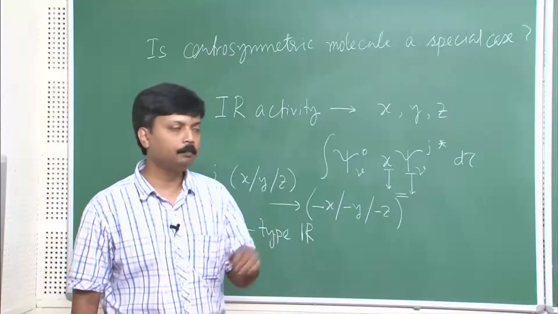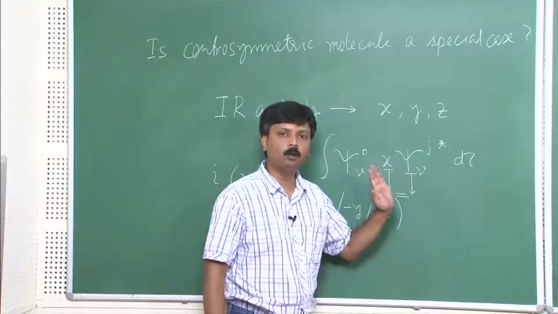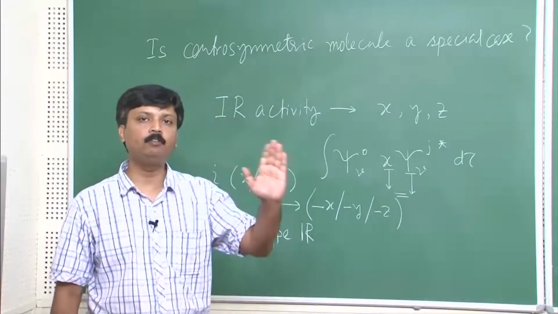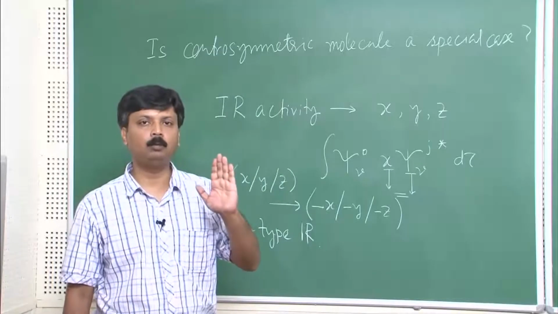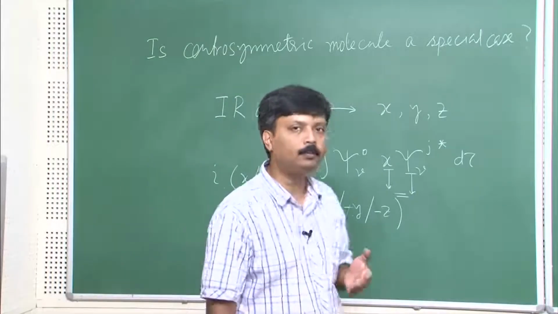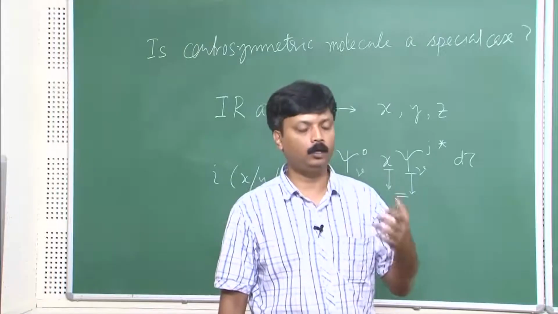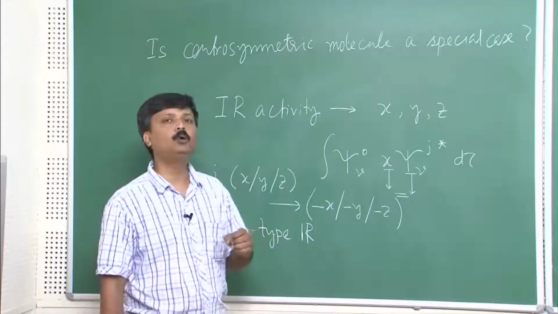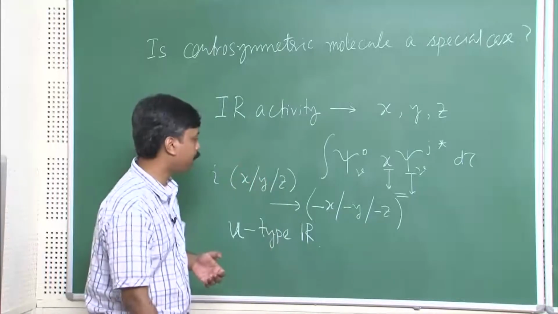That is clear. Therefore, those normal modes having U type of symmetry will show only infrared spectra, while those normal modes which transform as an irreducible representation of G type will show only Raman spectra when they are excited to level 1.